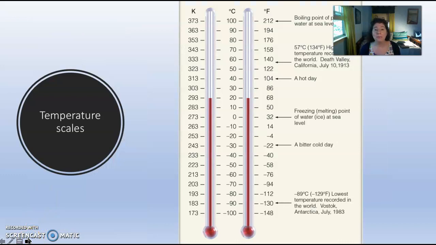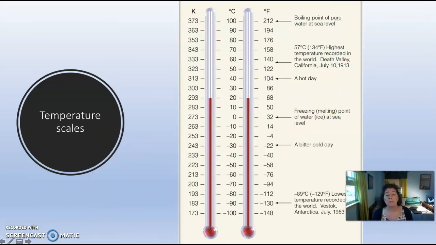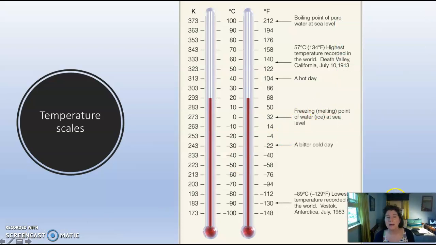You can have different techniques to quantify those units of measure, and you can have different methods to quantify those units of measure. You could use Kelvin, you could use Celsius, you can use Fahrenheit.